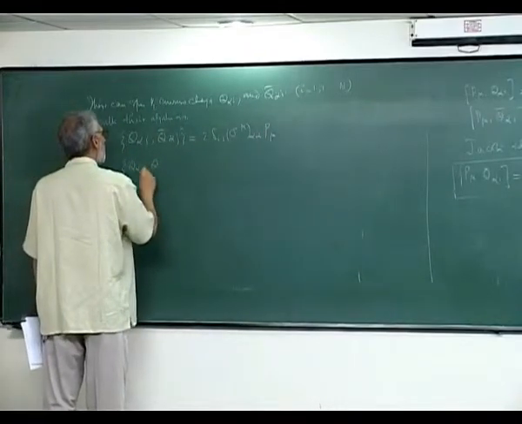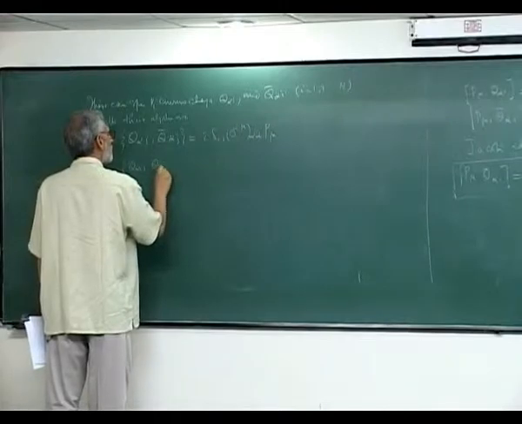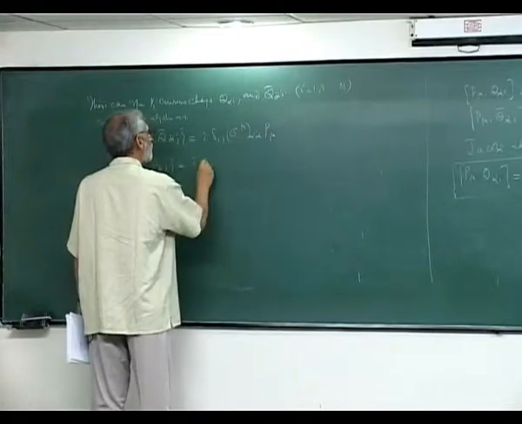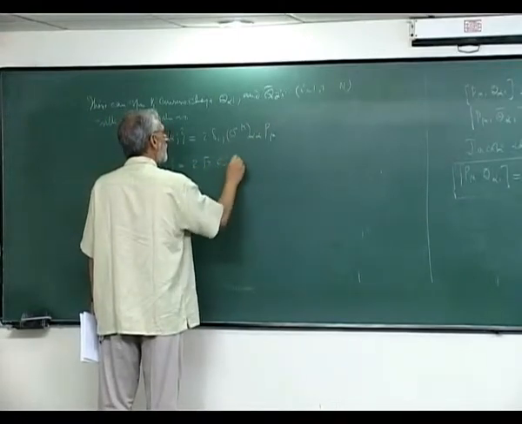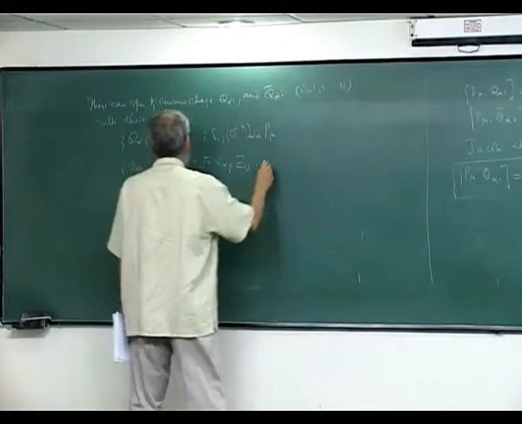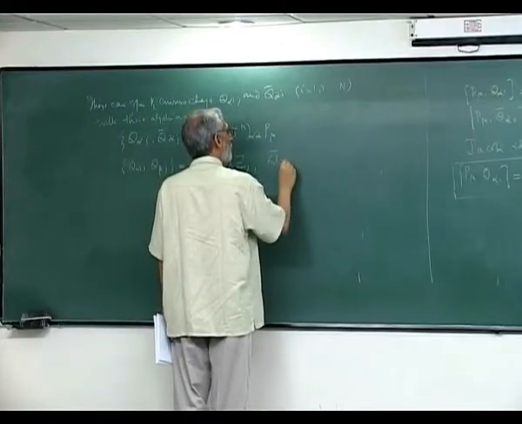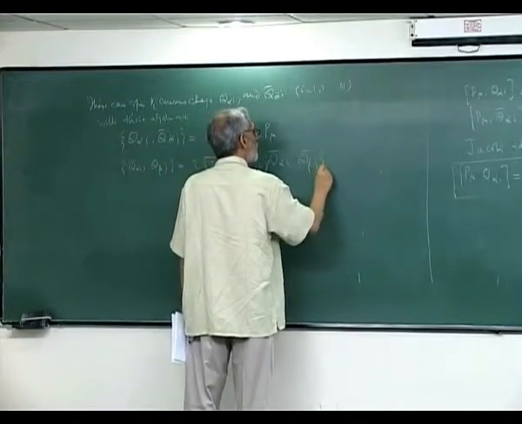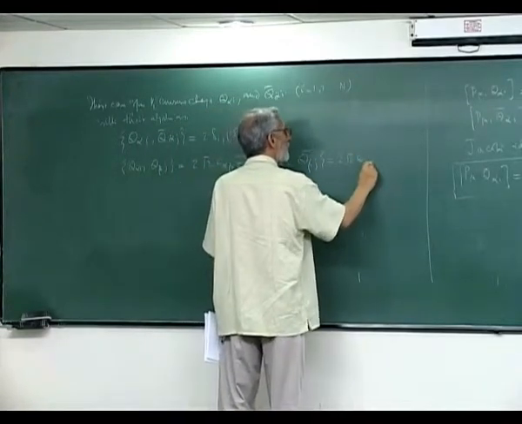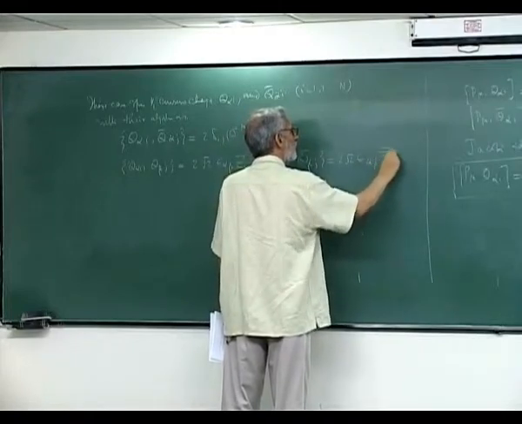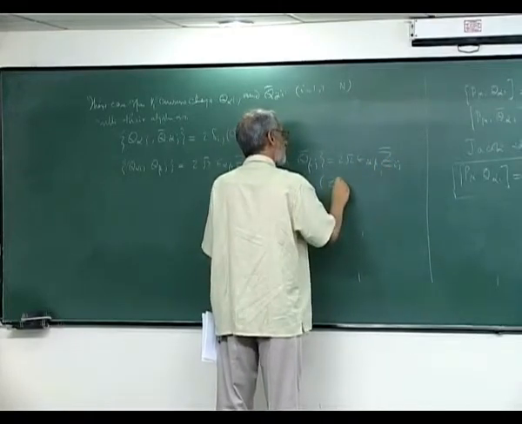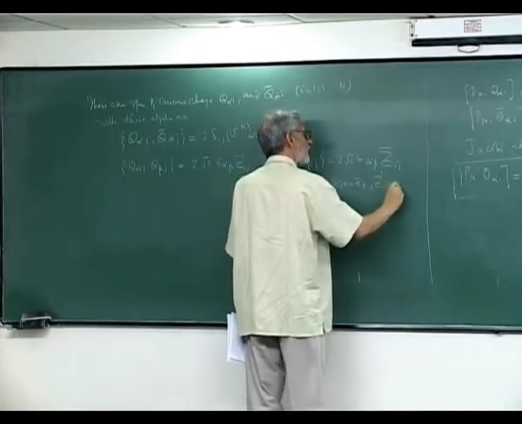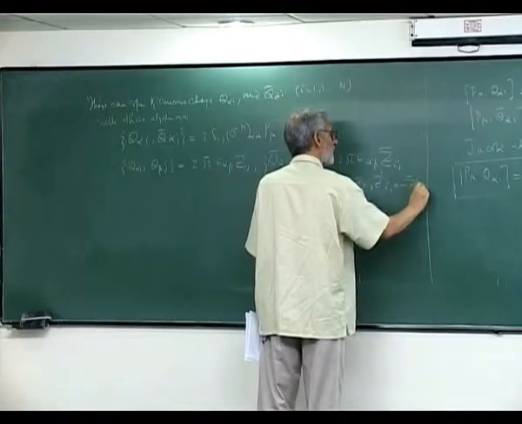Q alpha I with Q beta j is, how did we normalize it, 2 root 2 epsilon alpha beta Z ij, and Q bar alpha dot I with Q bar beta dot j is 2 root 2 epsilon alpha dot beta dot Z bar ij, with Z ij equal to minus Z ji and Z bar ij equal to minus Z bar ji.